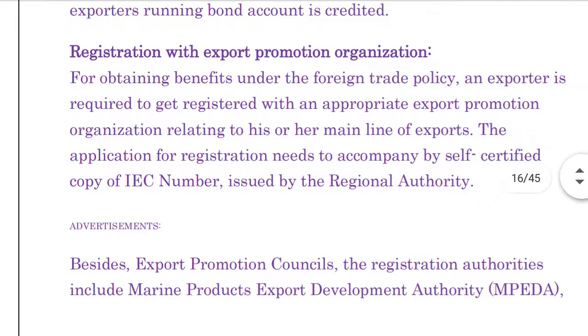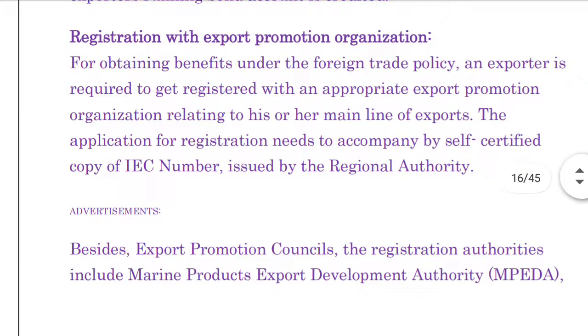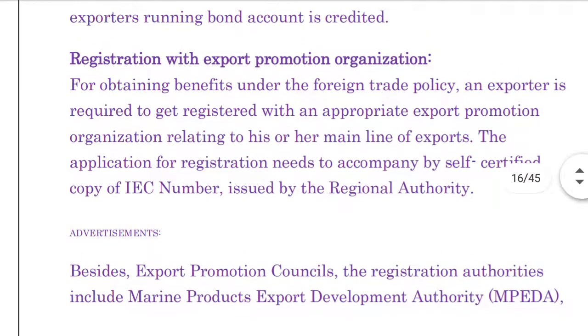We need to register with the export promotion council to take the benefit of, for example, duty drawbacks. We have very different goods, and the nature of goods is required in some countries, like engineering products.